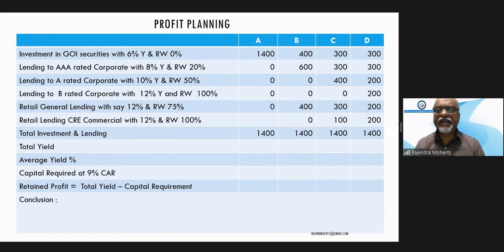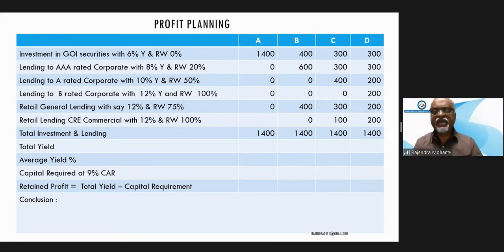In case of B, the 1400 is deployed in 3 things. The bank has deployed the first 400 in Government of India security, 600 as loan to AAA rated corporate, and 400 as retail lending. C has 4 or 5 categories, and D is deployed everywhere possible.